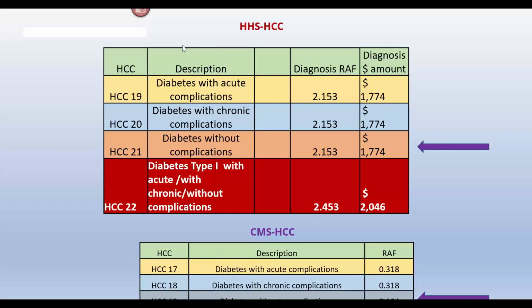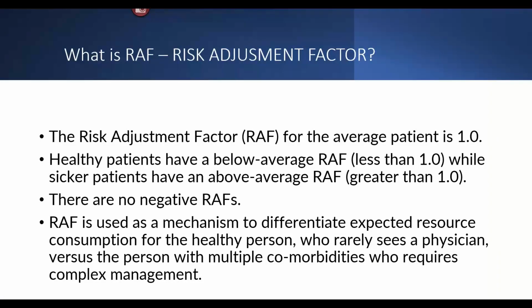So in that model, everybody gets the same RAF score. But you always want to code to the highest specificity. And again, if you see the differences here in the CMS model, if you're not coding those complications, you're going to get a third of the risk score. So it's important, always code any complications or any other associated symptoms with a diagnosis.